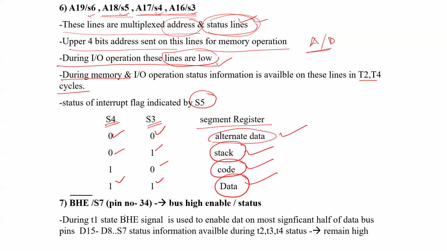Again we are going to discuss pin number 34. Pin number 34 is BHE bar. So if I give 0, at that time BHE bar will be activated because 0 bar means 1. If I give 1, 1 bar equals 0. Like that it will happen.